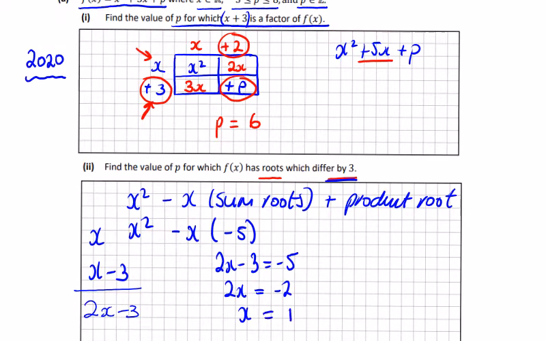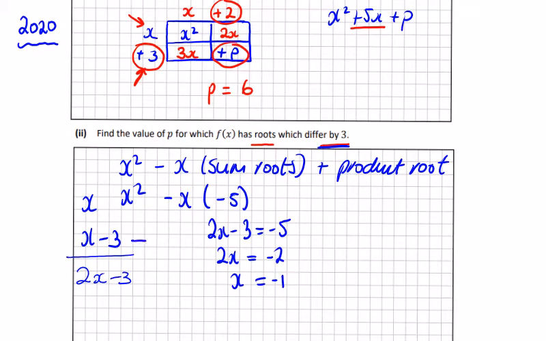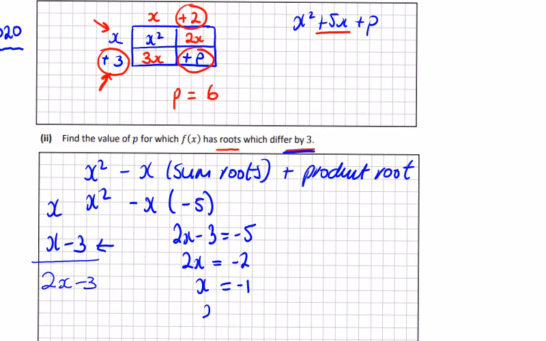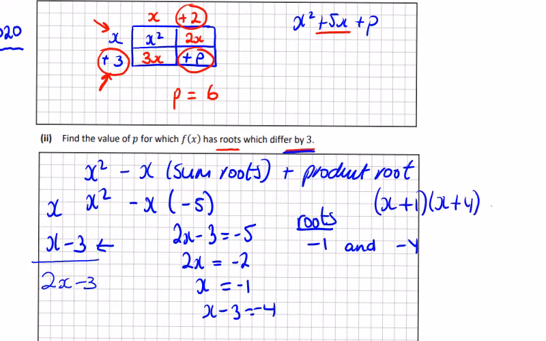So x is minus 1. So x minus 3 is equal to minus 4. So my roots are minus 1 and minus 4. So this will be a quadratic x plus 1 by x plus 4 to give me your 5x. You can see that p is 1 times 4. P is equal to 4 in part B of this question.